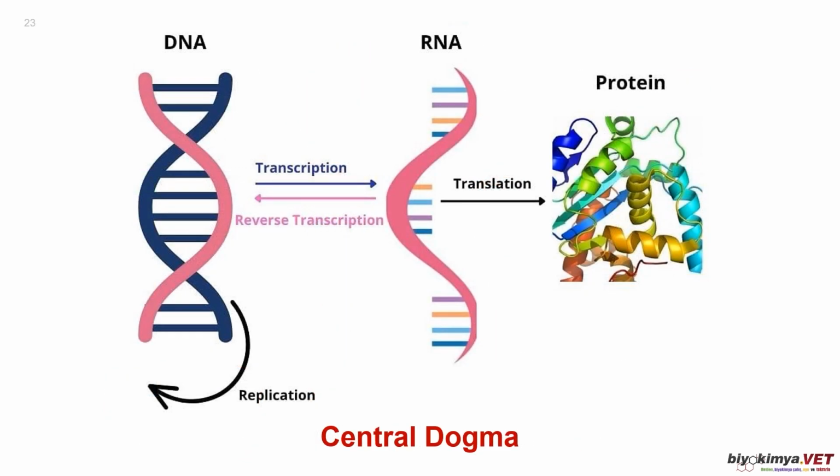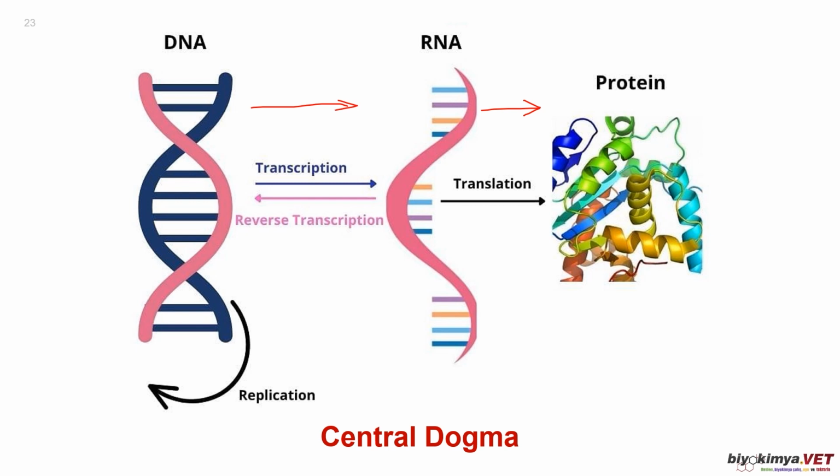Let's talk about the central dogma of molecular biology. The central dogma of molecular biology refers to the unidirectional flow of genetic information from DNA to RNA and RNA to protein. This dogma elucidates the fundamental principles of storage, expression, and utilization of genetic information and plays a crucial role in understanding the functioning of all living cells.